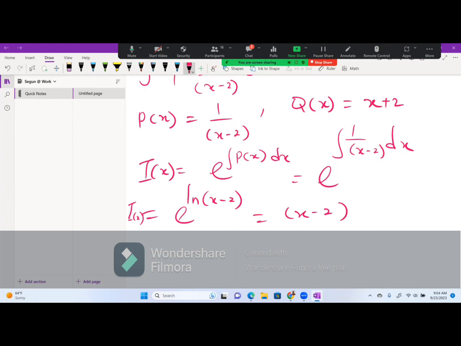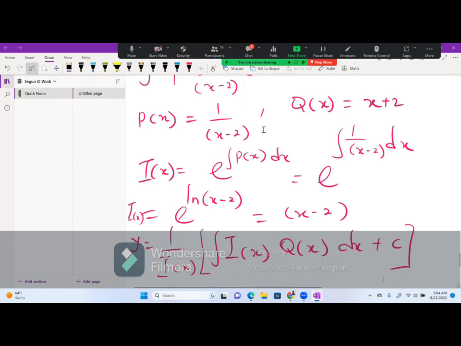Our I of x in this case will be this. Then we can proceed to our formula that says 1 over I of x times the integral of I of x, q of x, dx plus c.